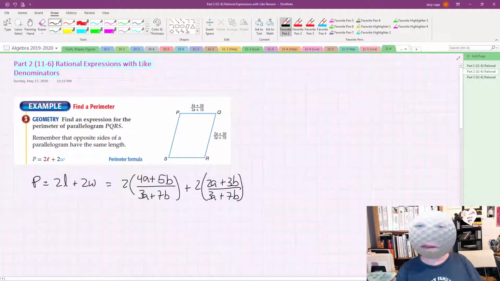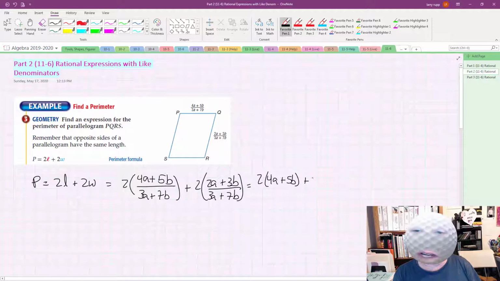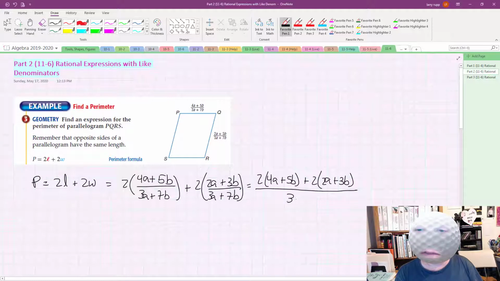We have a common denominator. So we're going to write the numerators over this common denominator. The numerator for the first one is 2 times 4a plus 5b, plus the numerator of the second one, which is 2 times 2a plus 3b, and all of that is over the common denominator, 3a plus 7b.